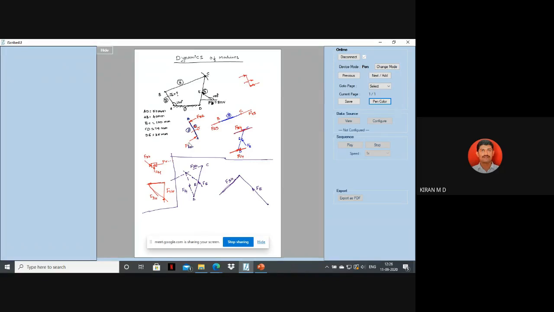Once you draw the line, again from this point, you know the direction of F14. From this one, you got the direction. This is F14. So this is the direction.